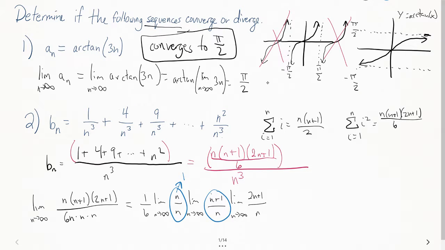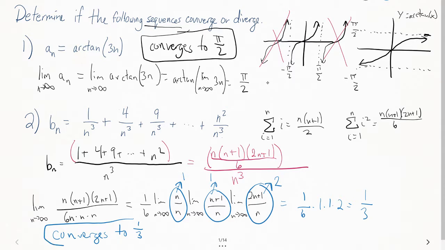The second piece, you could use L'Hopital's rule or just recognize the powers. That's going to be 1 as well. And this last piece will be 2. You can use L'Hopital's rule or whatever the case may be. So we get 1/6 times 1 times 1 times 2, which is just 1/3. So our solution here is it converges to 1/3. And we are done.